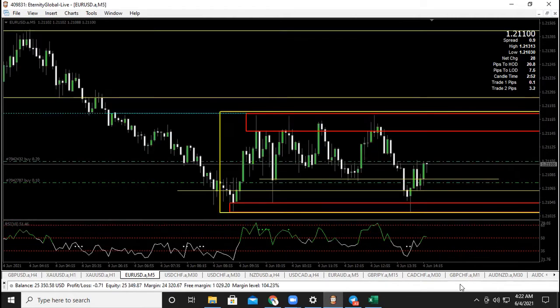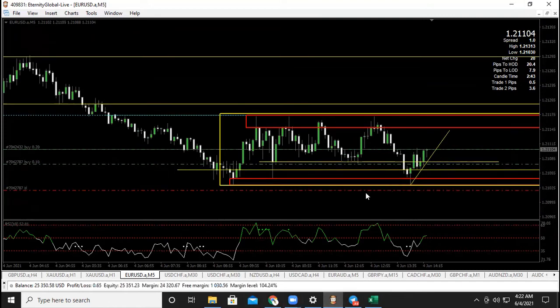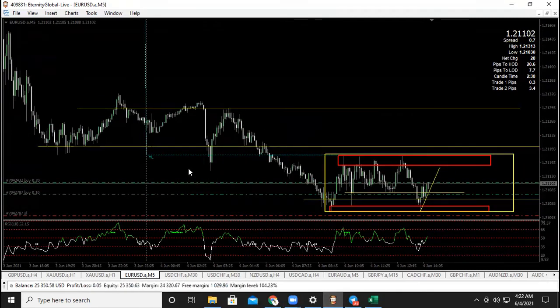All right. So now, as you see, from the low of the day, we are beginning to push up. Okay. So I have no doubt in my mind, looking at this chart situation, that we'll be going to the top of this range here.